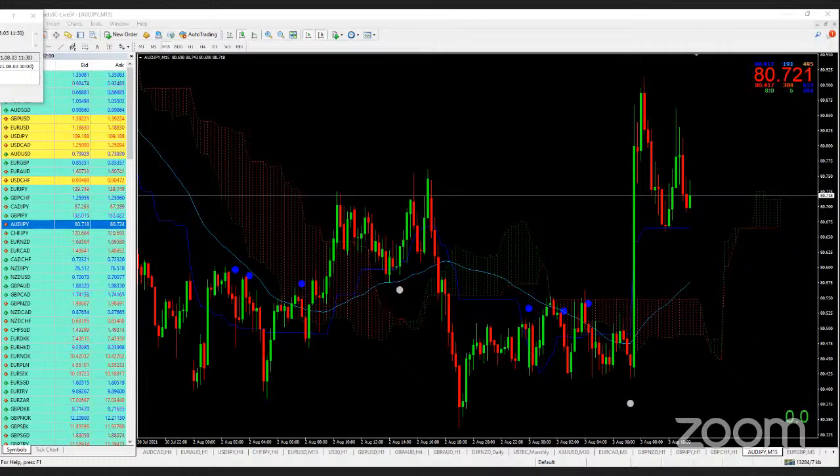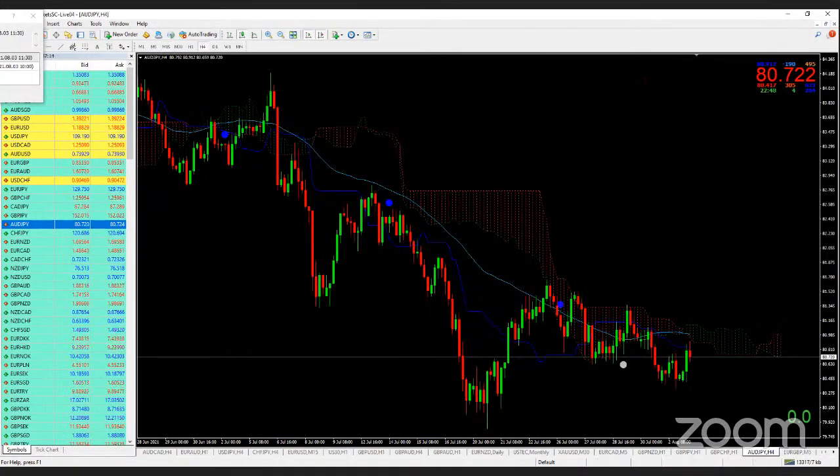I spotted a harmonic pattern on Aussie JPY, which I'll be drawing up, guys. I'll draw it up and post it in the Telegram group. I just don't want to start doing it here now because of time, but it's a bullish harmonic pattern as well. I'll post it in the Telegram group.